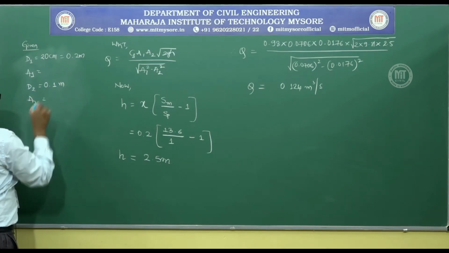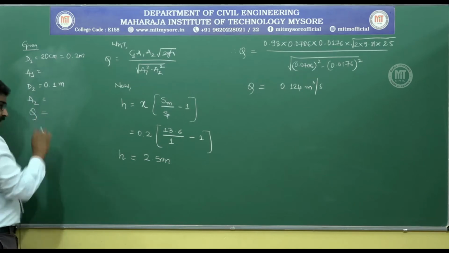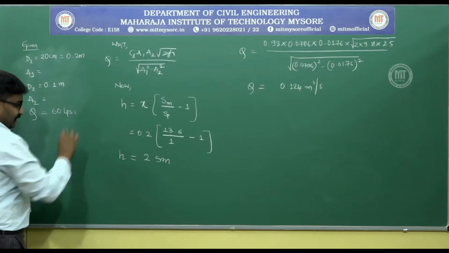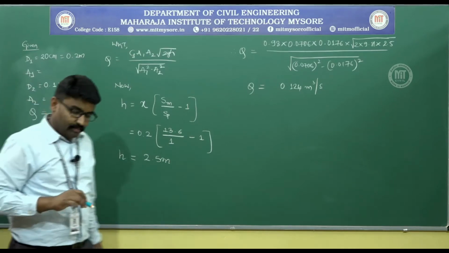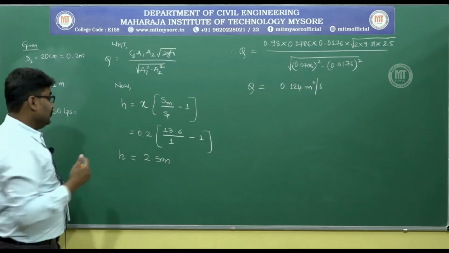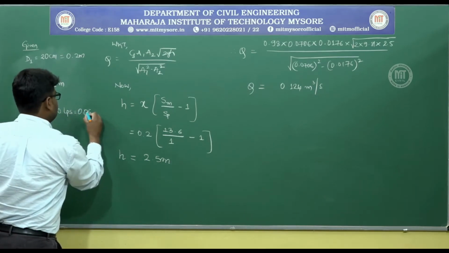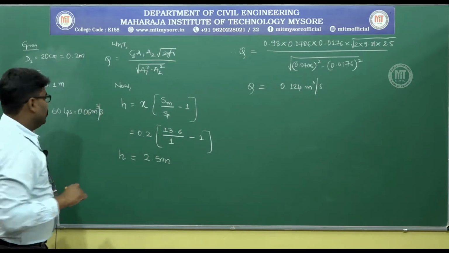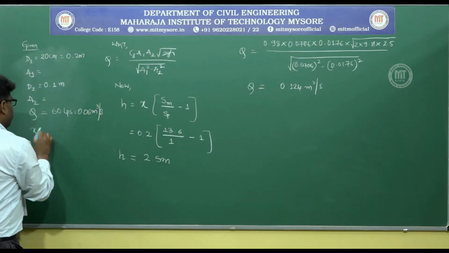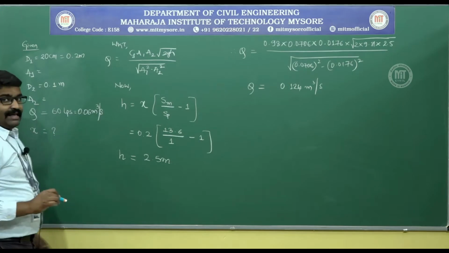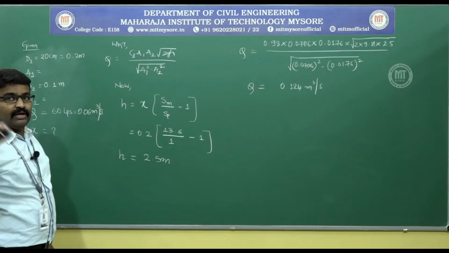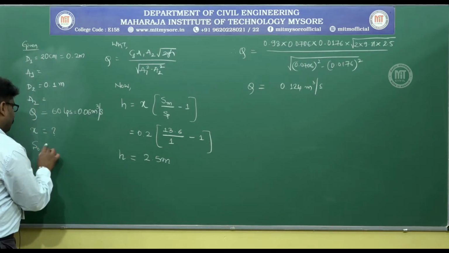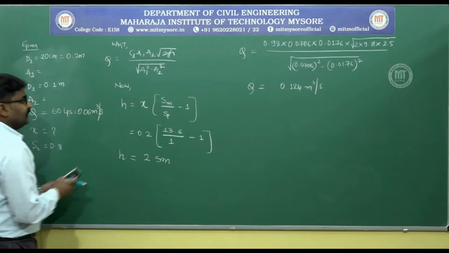Get the corresponding area. He has given you discharge. Discharge is equal to 60 LPS. You know very well how to convert liter per second to meter cube per second? Divide it by 1000. So it is 0.06 meter cube per second. And then you are asked to find out what is the X. That means oil mercury manometric deflection, and he has given you specific gravity of oil as 0.8.